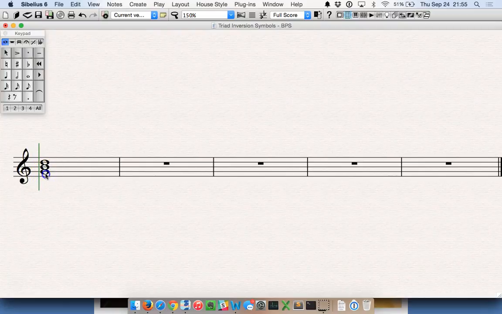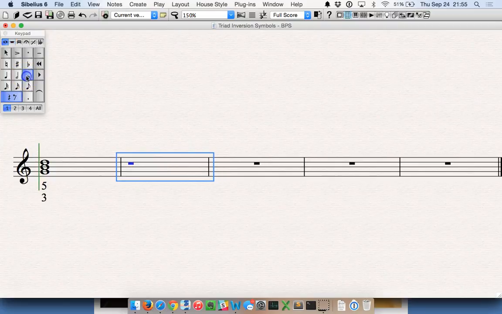You'll notice the distance between G and B happens to be a 3, and the distance between G and D happens to be a 5. So we get those numbers from a close position triad in root position, from the distances from the root to the third and the root to the fifth.